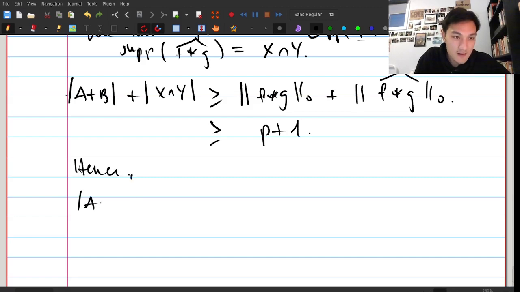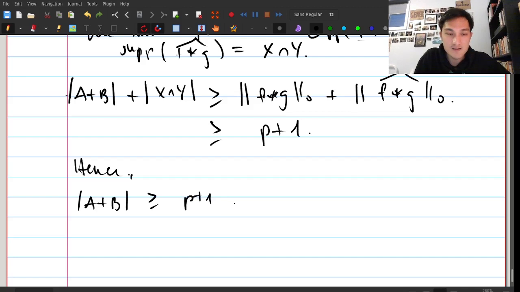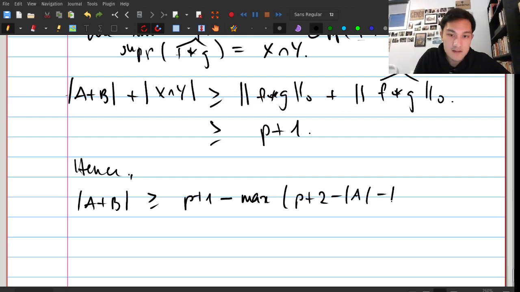And so, hence, we have the size of a plus b is greater than or equal to p plus 1, now you subtract off this x intersection y, which is max of p plus 2 minus size of a minus size of b, 1. And this is equal to the minimum, right?